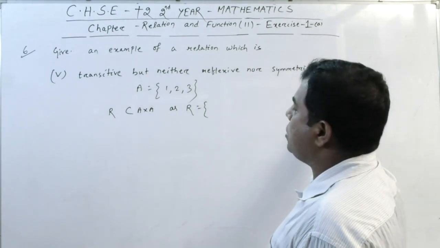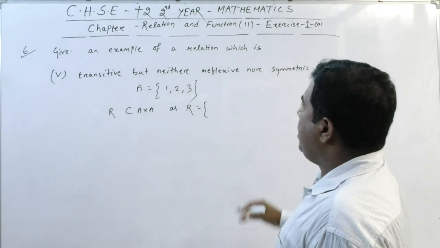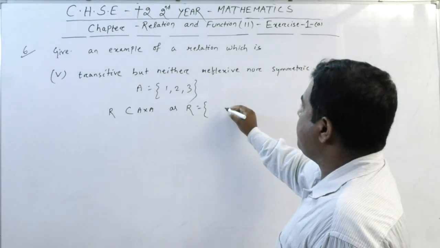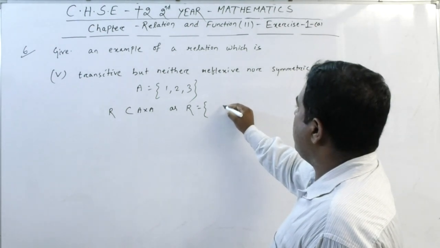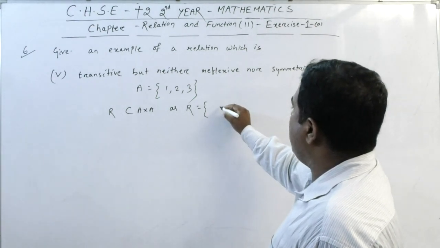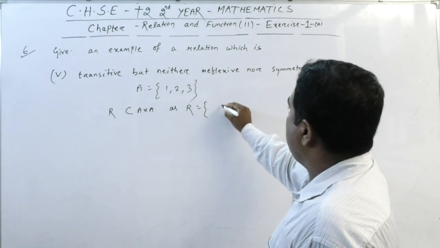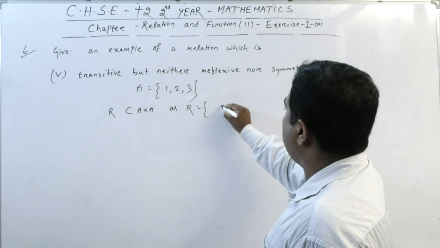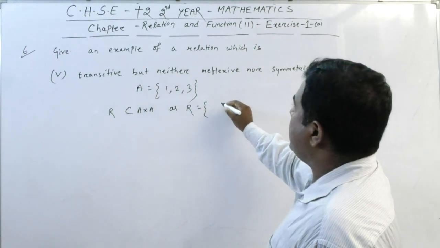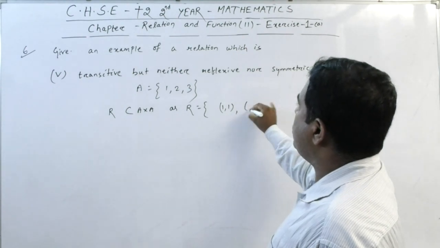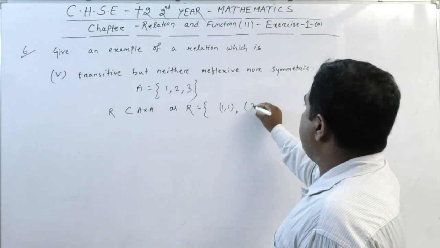So the reflexive condition is missing, but it should be transitive. So what I do is take a pair: (1,1), and suppose (2,3).